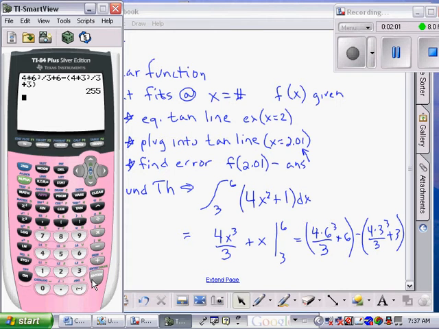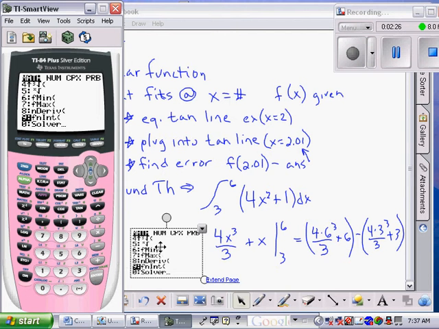Everybody watch. You might want to have your calculator out, because I'm going to show you. You know how we did derivatives on the calculator? Math 8. Well, there's an antiderivative there also. So you can go down to, I believe it's Math 9, fnInt. Pull that over here.